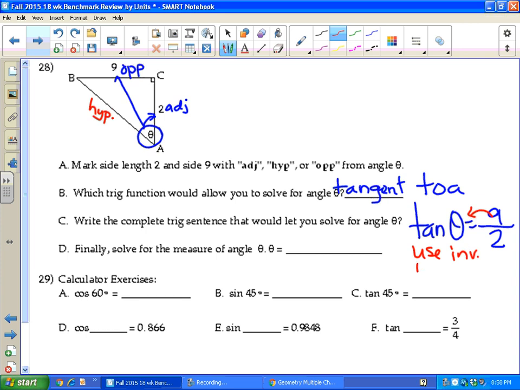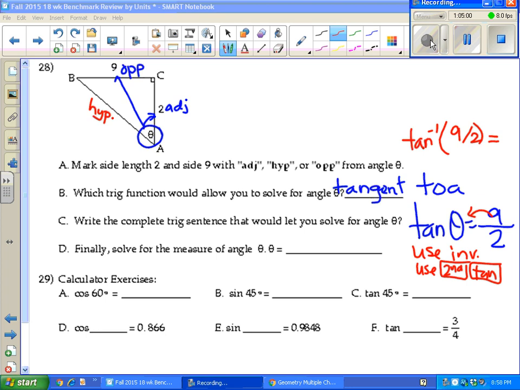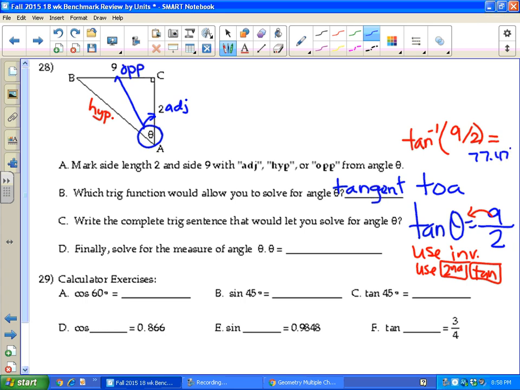So you're going to use that second key, then do tangent. It's going to be inverse tangent, which looks like a -1 on your screen, of 9 divided by 2, and then press enter. I got 77.47. If you round to the nearest degree, it would be 77 degrees.